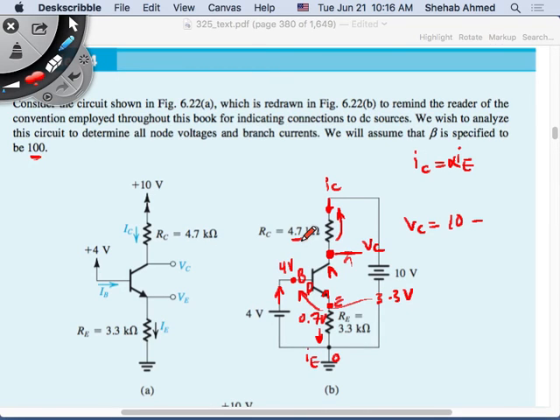So the value for VC, if we do the calculation, is 5.3 volts. If this is 5.3 volts and this is 4, is this collector-base junction, CBJ, forward biased or reverse biased? Reverse biased. On the N side, I have a higher voltage than the P side, right?